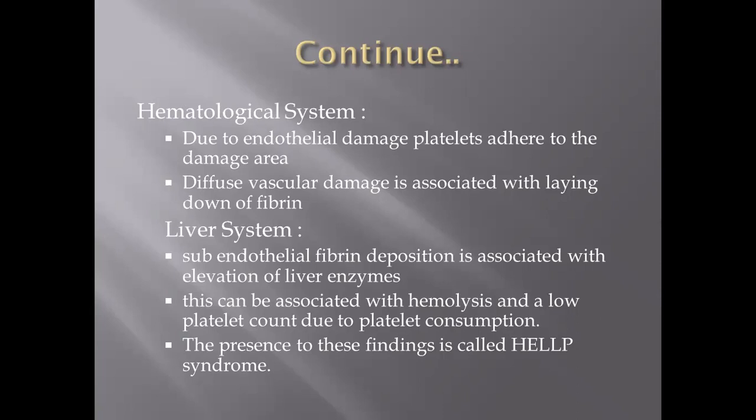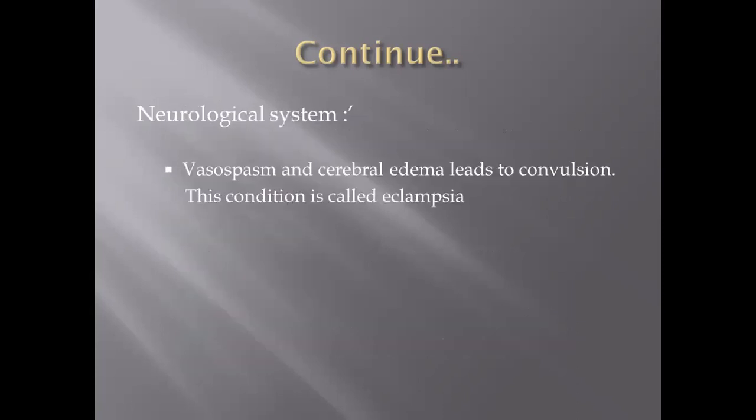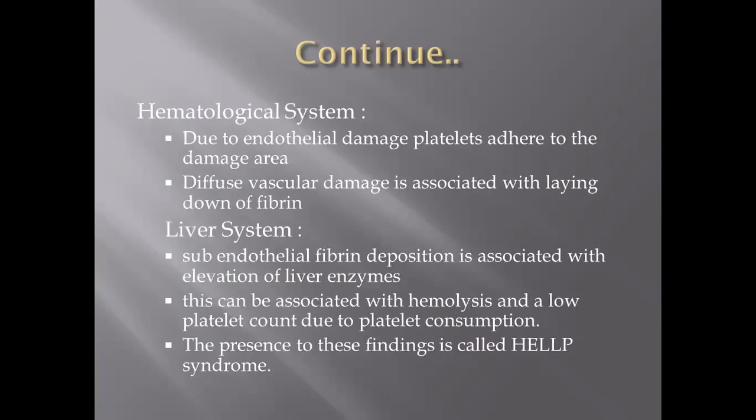The presence of these findings is called HELLP syndrome. HELLP is an abbreviation: H for hemolysis, EL for elevated liver enzymes, and LP for low platelet count. So HELLP syndrome is a complication of preeclampsia.